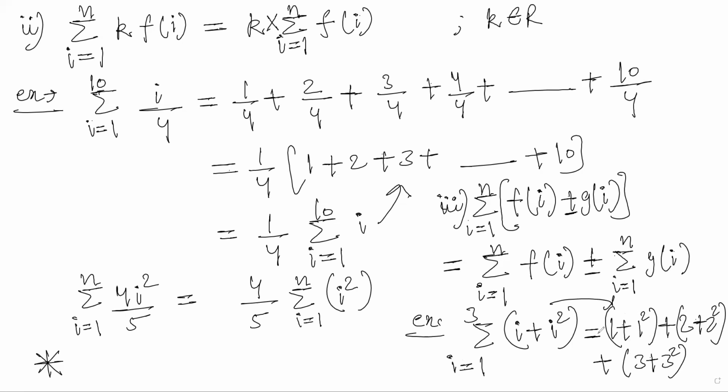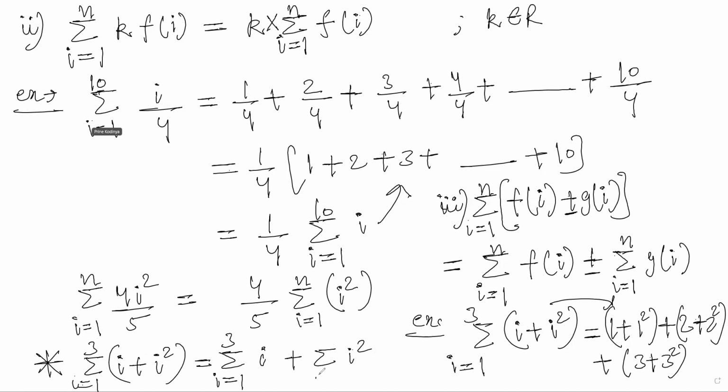But a more optimized way to solve this is, you can write sigma I plus I square, with I from 1 to 3, as sigma I, where I is from 1 to 3, plus sigma I square, I is from 1 to 3 as well.